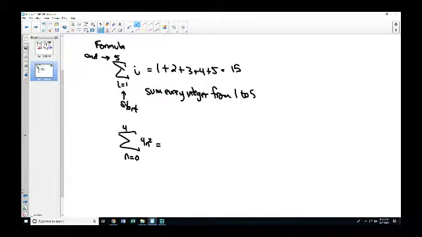So you're adding all the values when n is 4 times 0 squared, plus 4 times 1 squared, plus 4 times 2 squared, so on and so forth. That's neat.